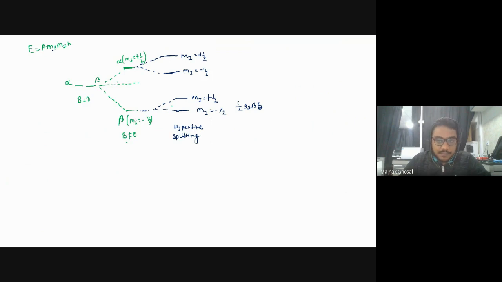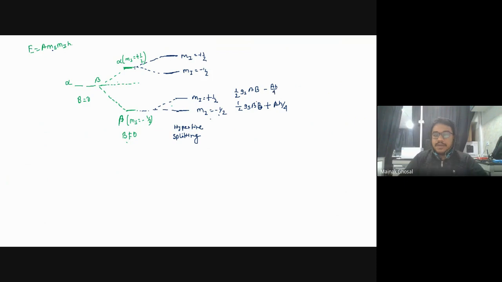This is plus half. So minus half times plus half times h gives 1 by 4, so this will give minus h by 4. Here the similar thing will happen, since one is plus and one is minus, so it will be plus h by 4.